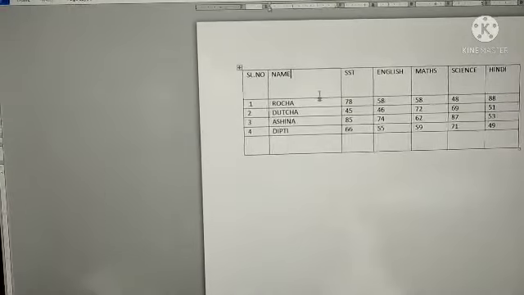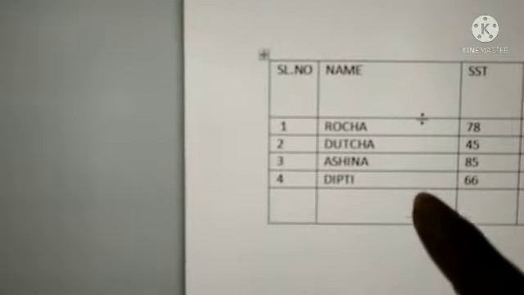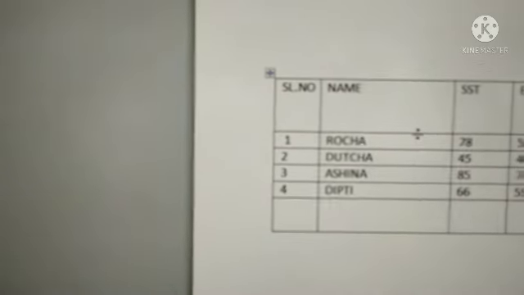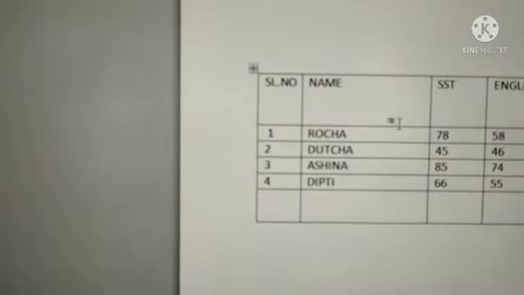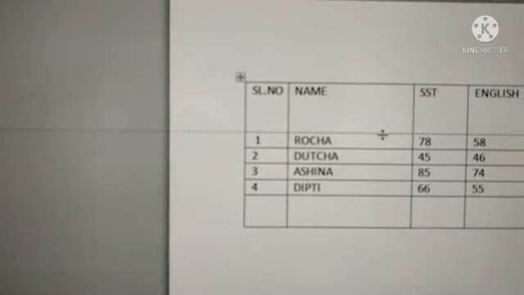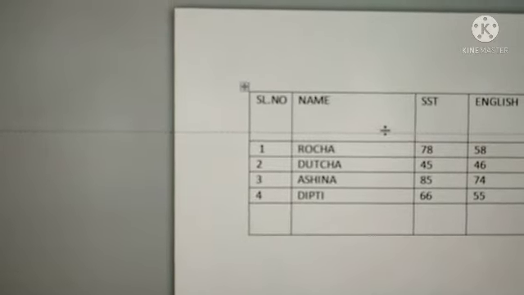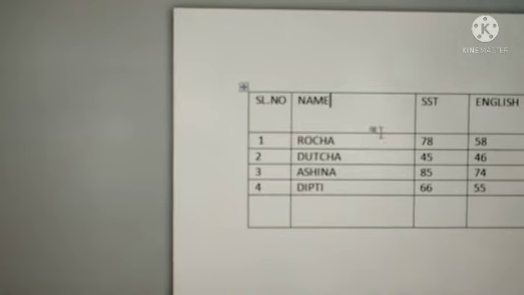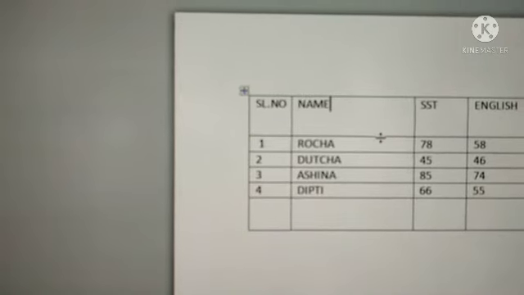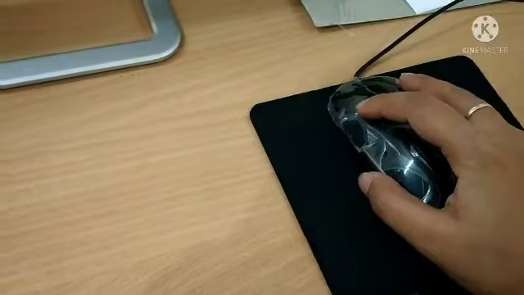When the mouse pointer changes to a double line, you click the left key of the mouse and scroll up. Like this you can decrease or increase the size of the row. This key you have to use.